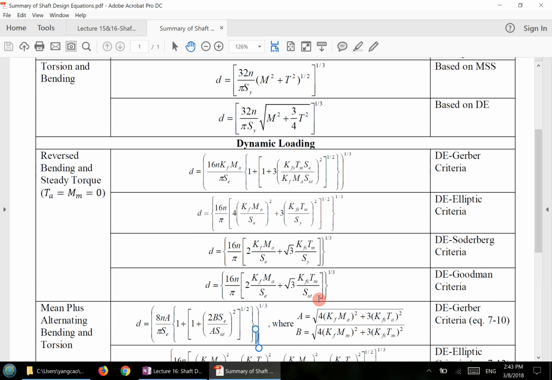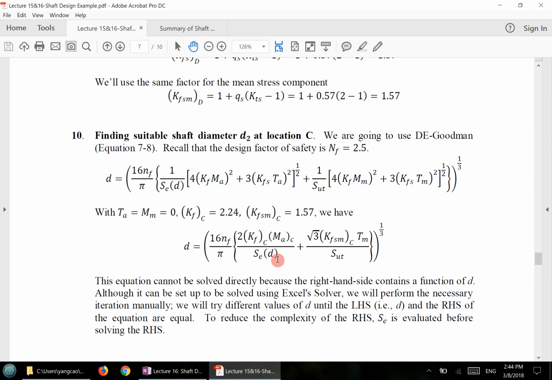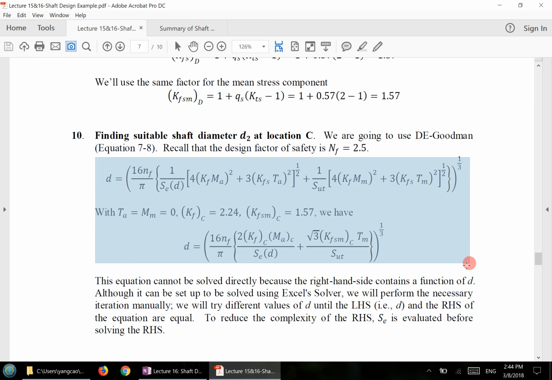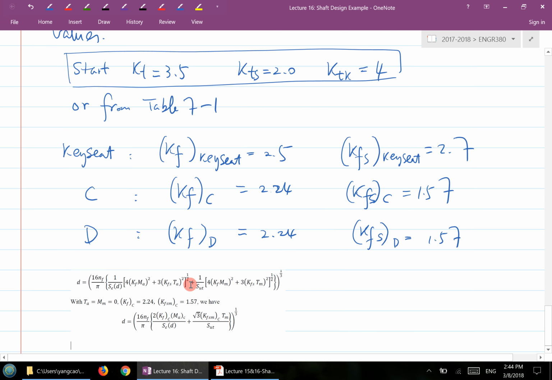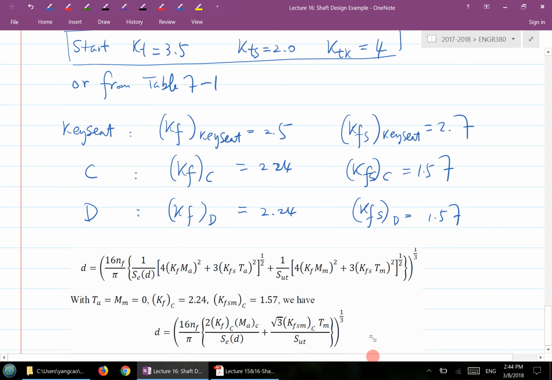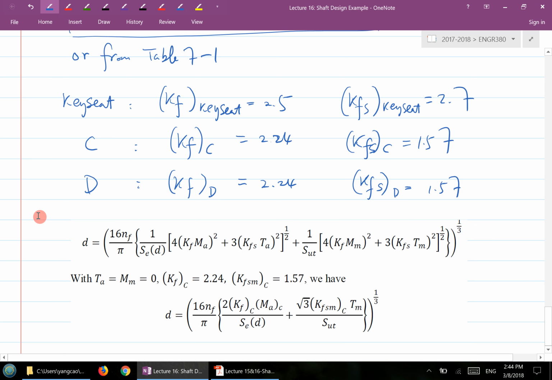Let me just show you one here. In this example, we use the DE Goodman equation, right here. This is the C location here, so let's look at the C location.